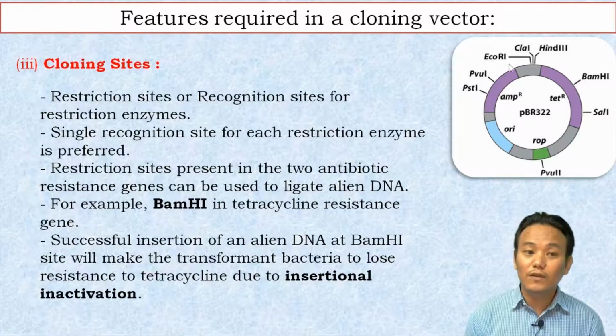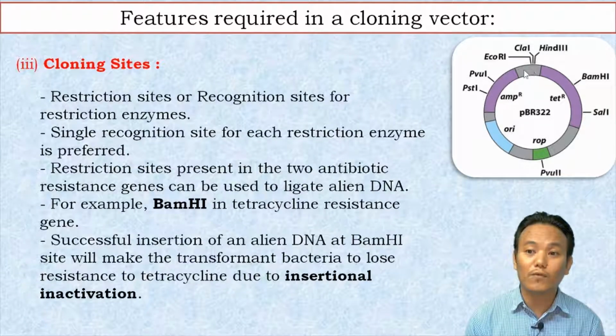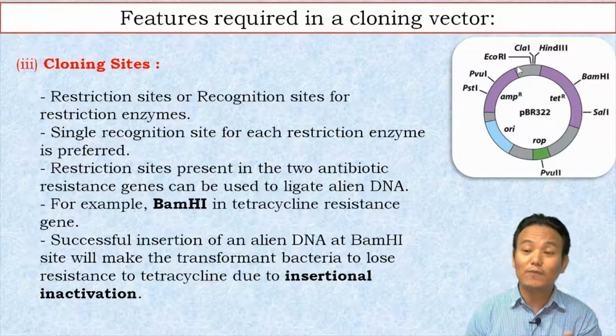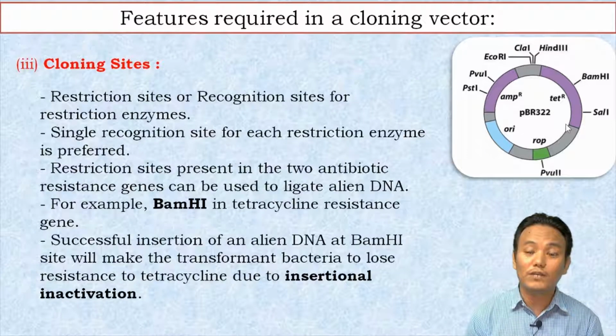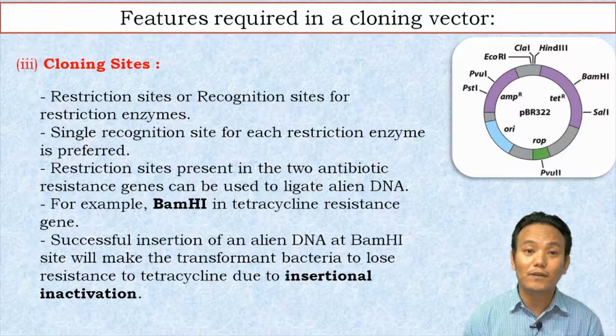Now, the thing over here is that a single recognition site for each restriction enzyme is preferred. Why? Why is there only one recognition site for EcoR1? Why are there no multiple recognition sites for EcoR1? That is because if there are multiple recognition sites for a restriction enzyme, the restriction enzyme will make multiple cuts on the vector. That will create small pieces of the vector, which is not a desirable result.